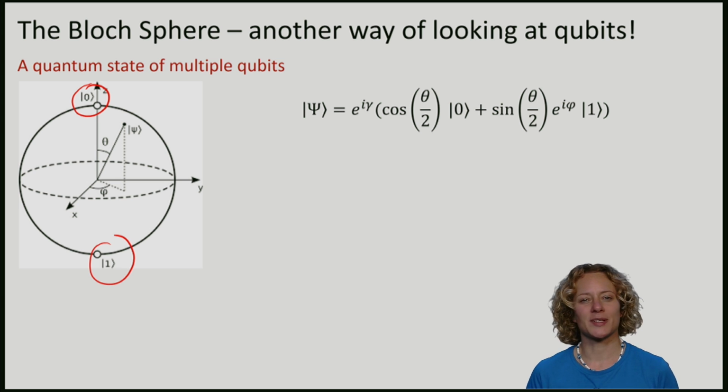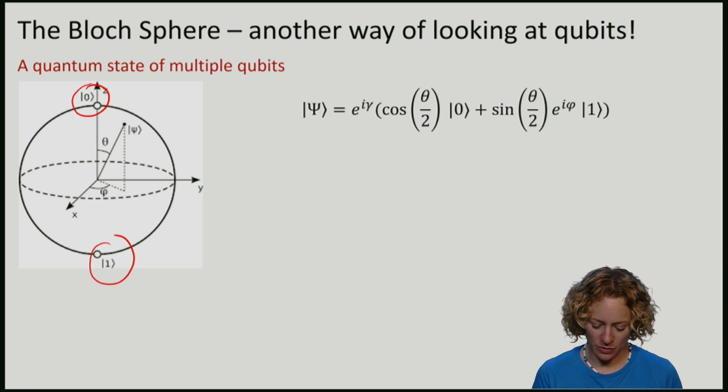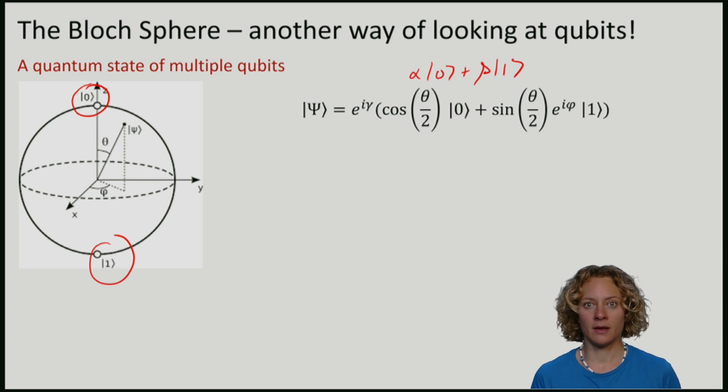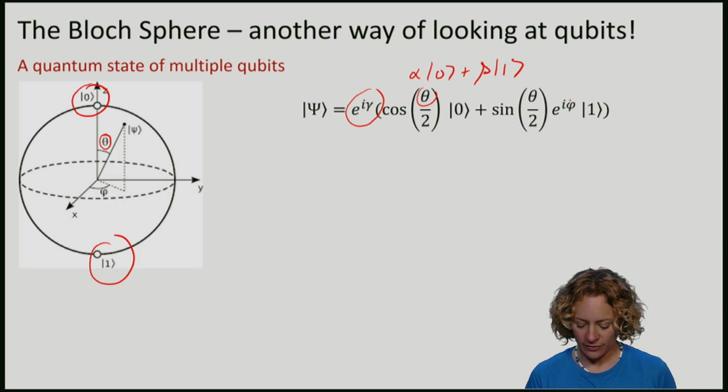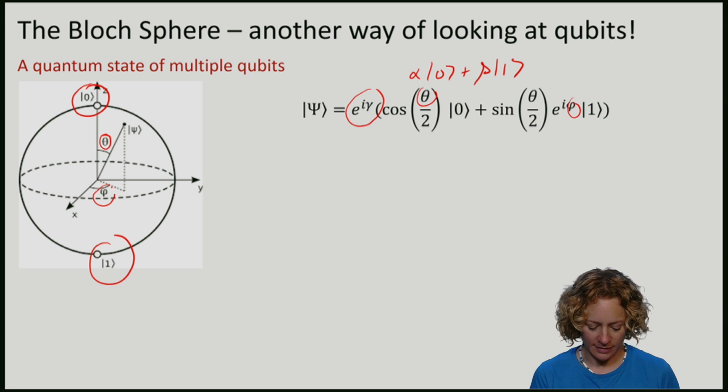Let's now expand our state, and then instead of writing it as usual in terms of complex numbers alpha and beta, we will write out such states in terms of a global phase, e to the i times gamma, an angle theta away from the z-axis, and an angle phi away from the x-axis.